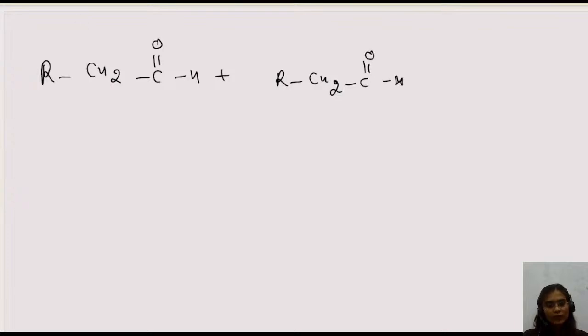Whatever the CO is, you have to consider the CO of one molecule, first point, and the CH2 group of the second molecule, and combine them. I'm repeating one more time: you have to consider one molecule's CO bond and the other molecule's CH2, that alpha carbon, and then combine them.